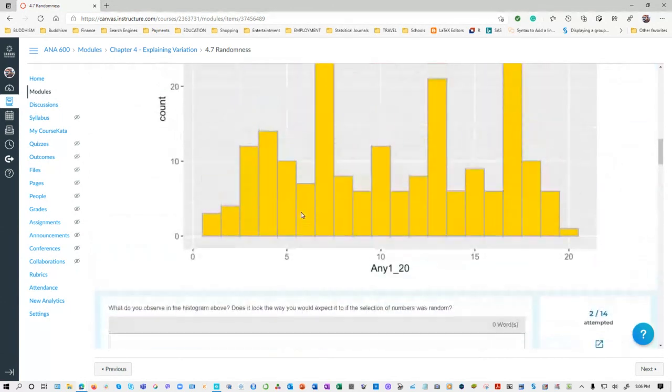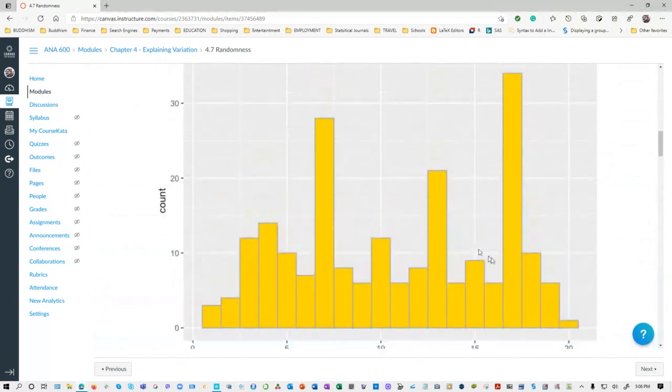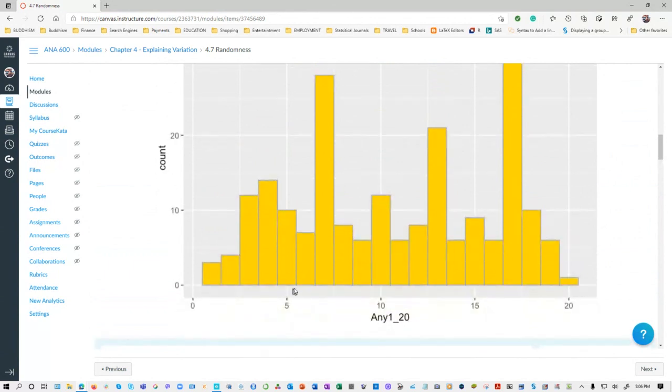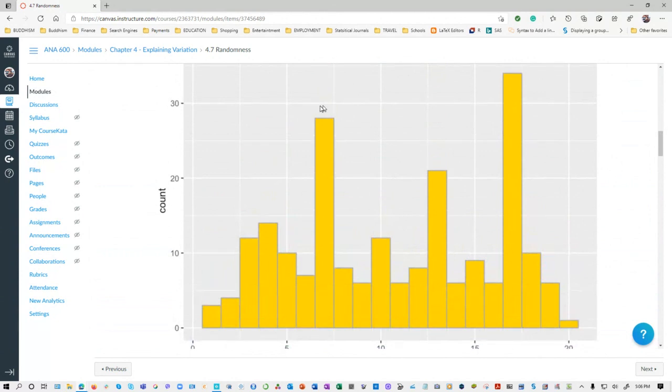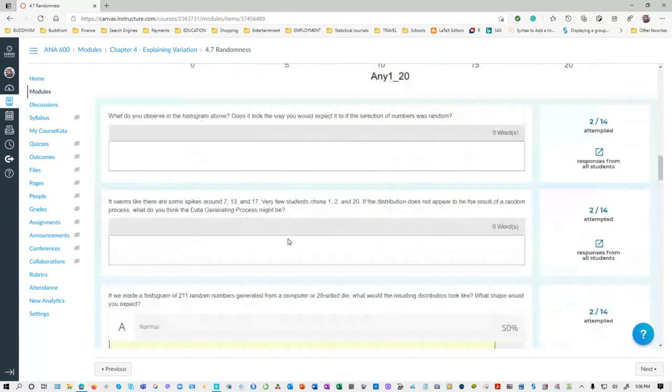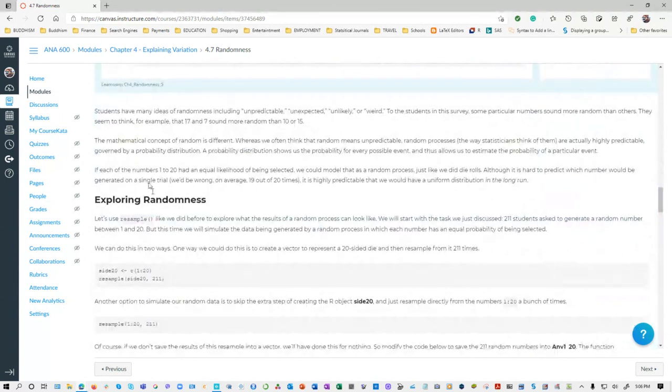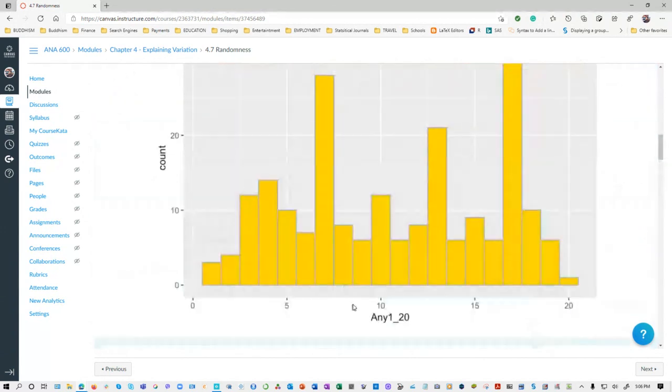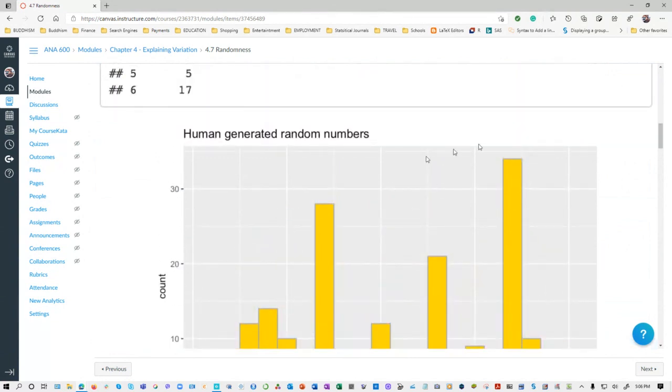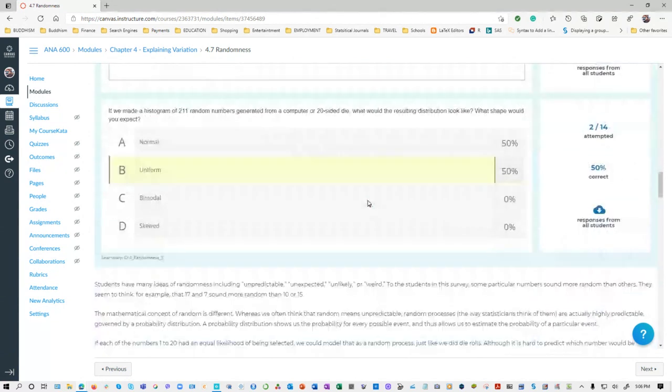They think 17 and 7 are more random than other numbers, while 10 and 15 are the ones they say occur heavily.